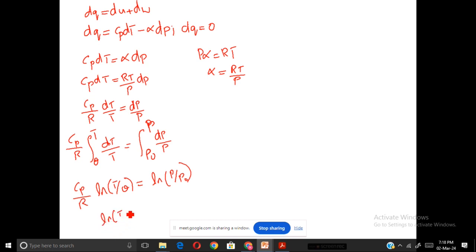So log T by theta is equal to R by Cp log P by P0. We want to find theta. Theta will become T into P0 by P to the power R by Cp.